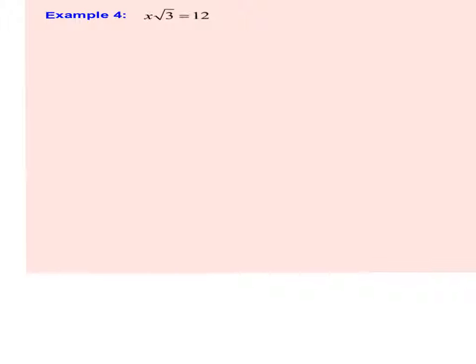So I'm just going to do this equation just to make sure that you notice the difference between this example and the one before it. This actually isn't a radical equation. This is just our variable x is not under a radical. So this is a linear equation. We would just want to get the x by itself in this problem. So I would divide by the square root of 3 on both sides and get that x is 12 over root 3.